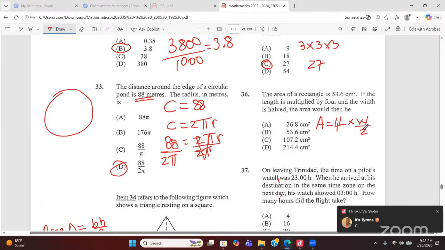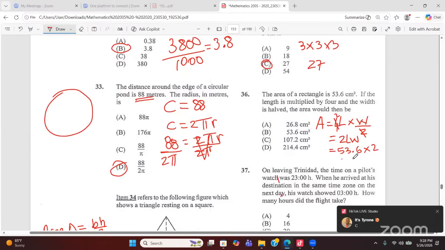If you focus on the right side, you notice that the 2 could cancel into the 4 two times. So what you're left with is 2LW. That means the original area was doubled. So we need to take our 53.6, which was the original area, and double it.